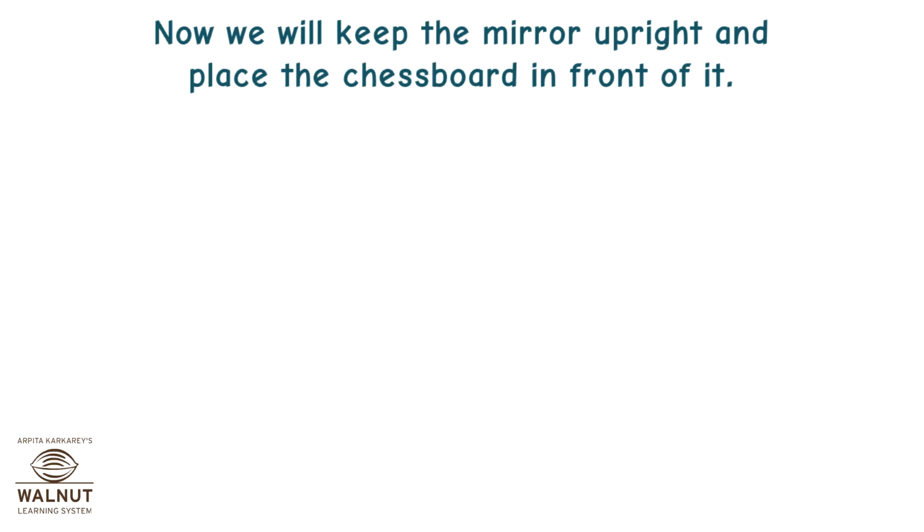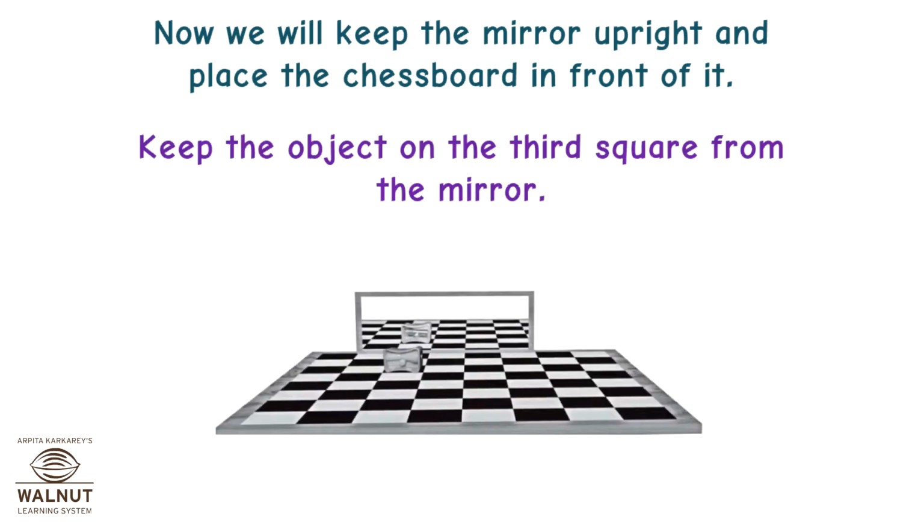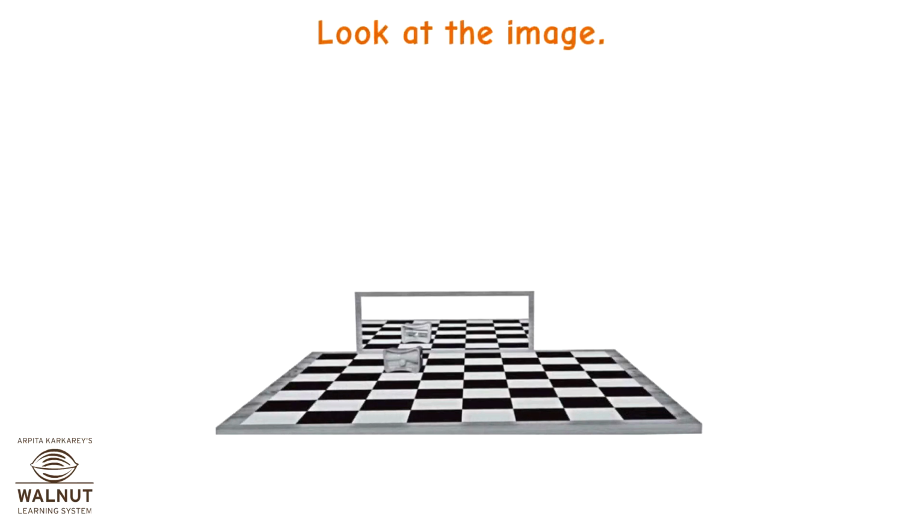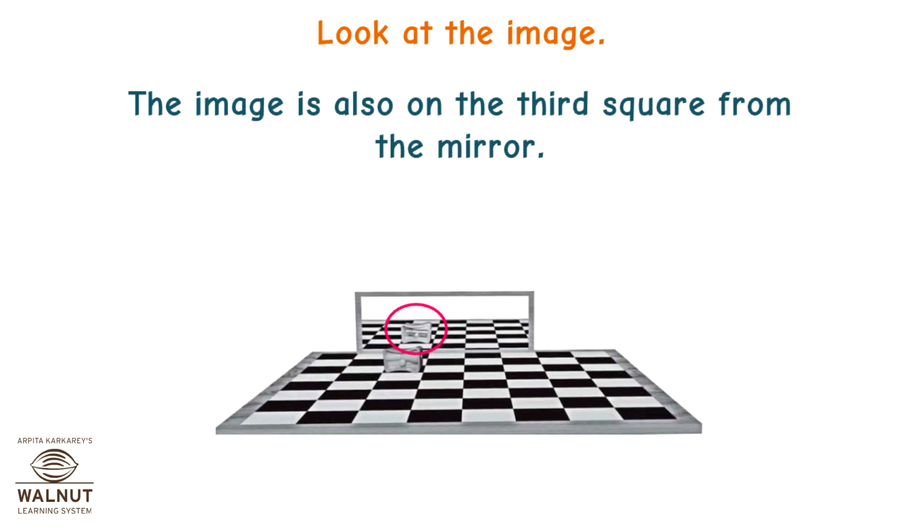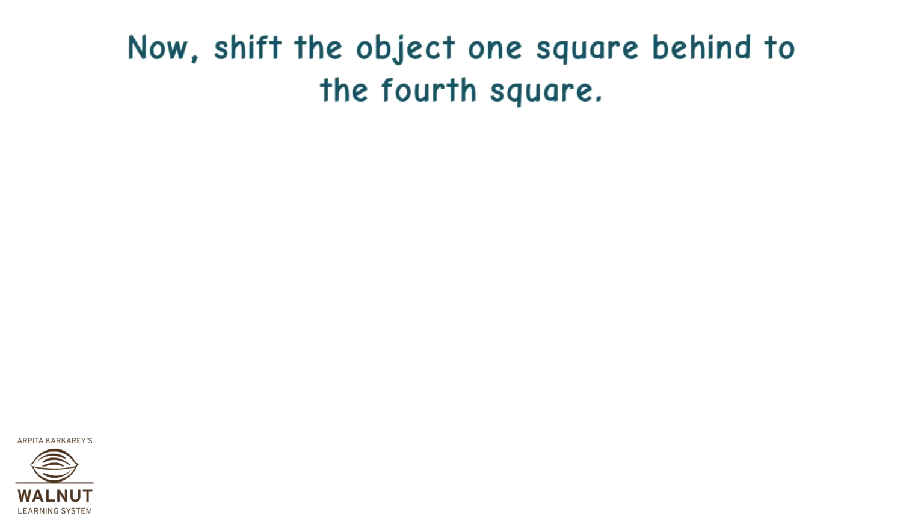Now we will keep the mirror upright and place the chessboard in front of it. Keep the object on the third square from the mirror. Look at the image. The image is also on the third square from the mirror. Now, shift the object one square behind to the fourth square.